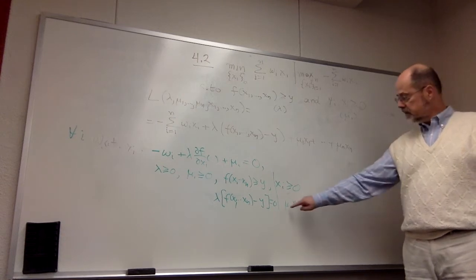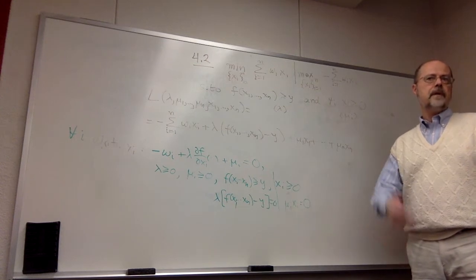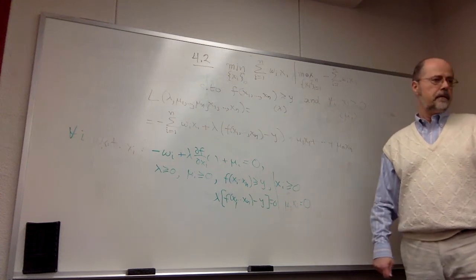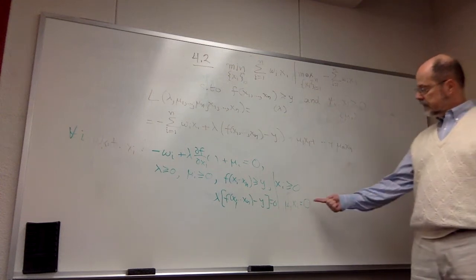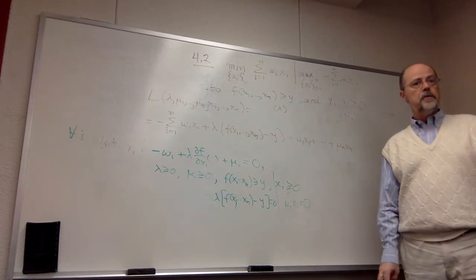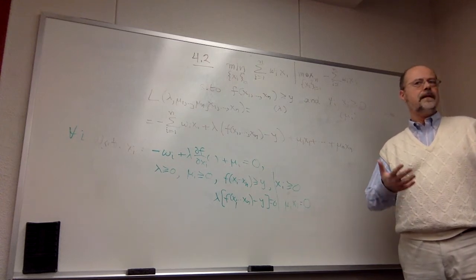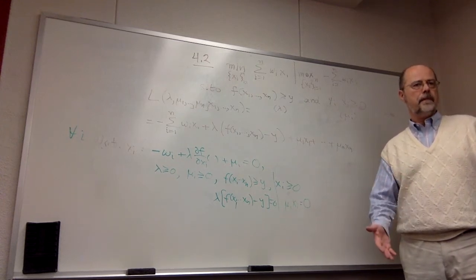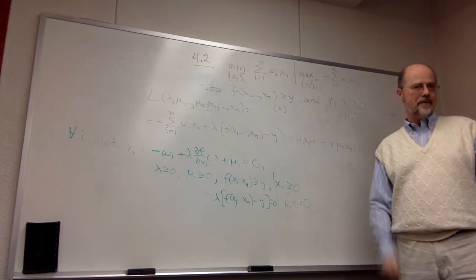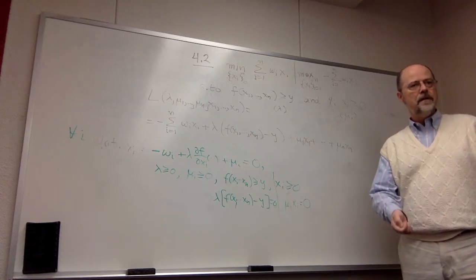This then says the corresponding multiplier simply must be 0, because to make the product 0 with a positive number, mu i must be 0. So if for the constraint that says xi is greater than or equal to 0, you chose not to hit the constraint, it means the constraint does not bind, does not bother you. And therefore the measure of how much you're bothered by the constraint, which is literally the multiplier, should be 0.